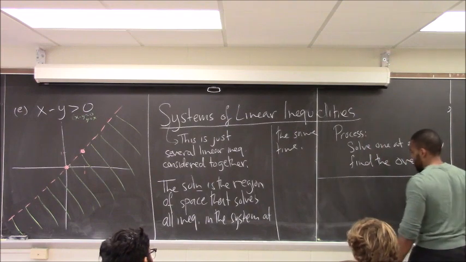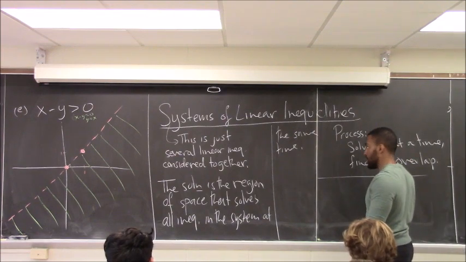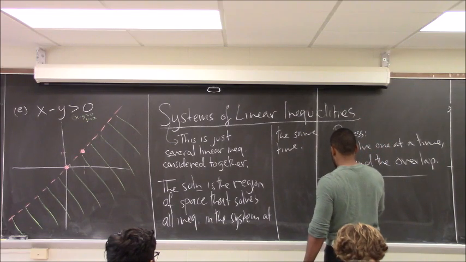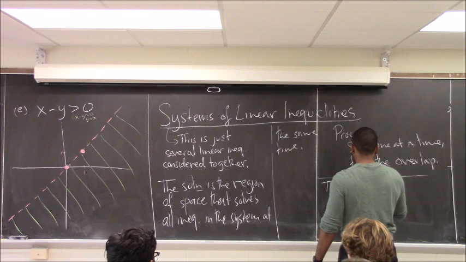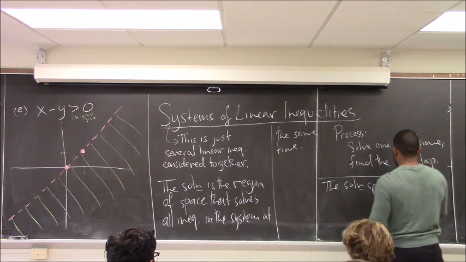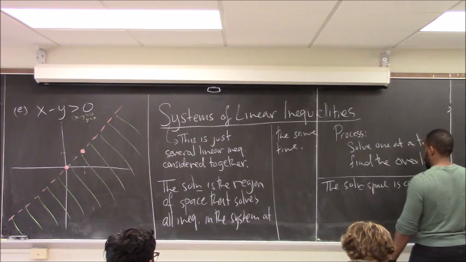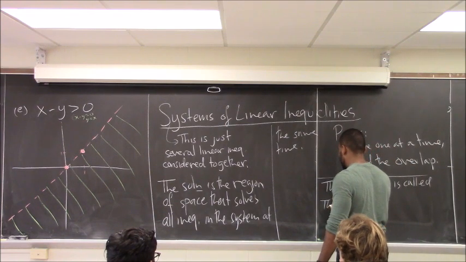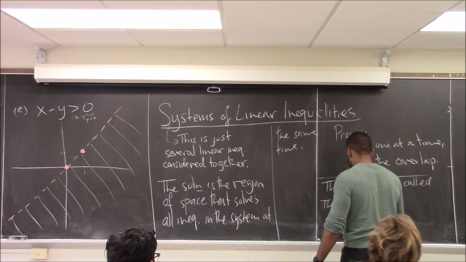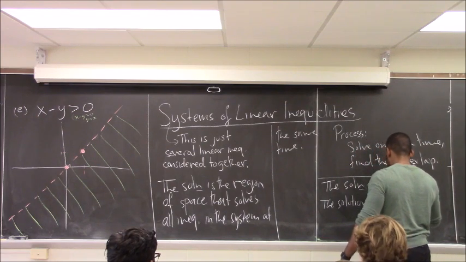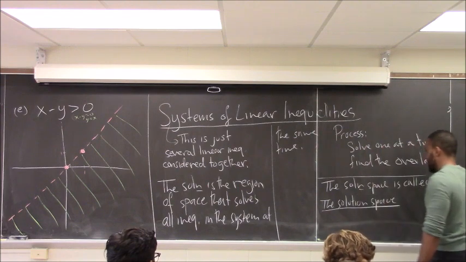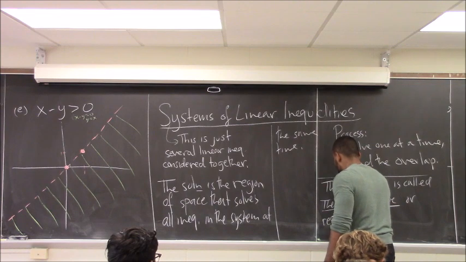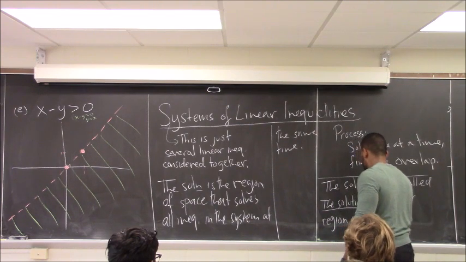And now here's some more vocabulary before we do some examples. The solution space is the set of all points that will make it true, or sometimes it's called the region of constraints.